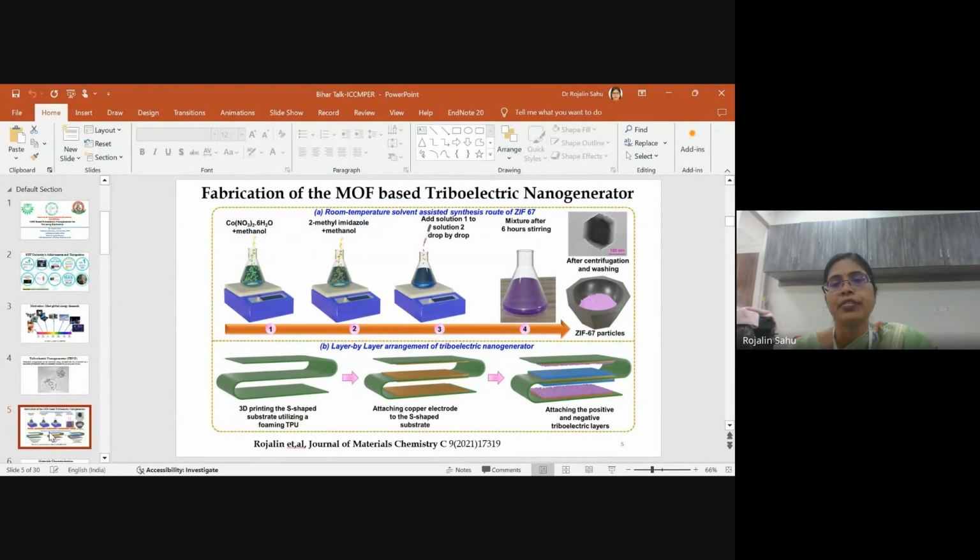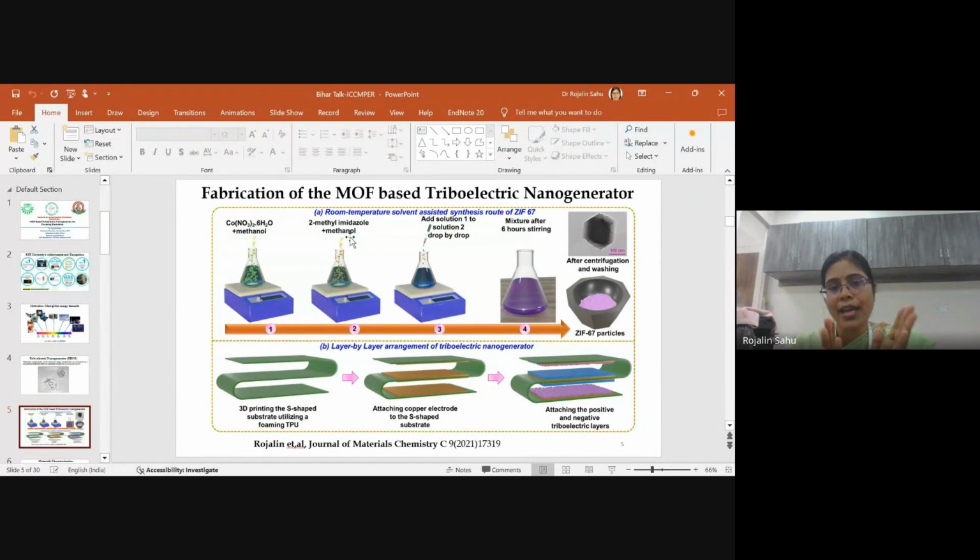Here, for the first time, we have used ZIF-67. It is a metal organic framework used as the positive layer of the triboelectric device. ZIF-67 is synthesized using cobalt nitrate as the metal source and 2-methylimidazole as the linker, because in a metal organic framework there is a metal and an organic linker.